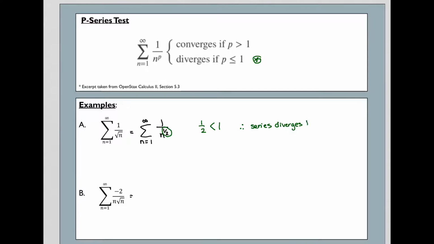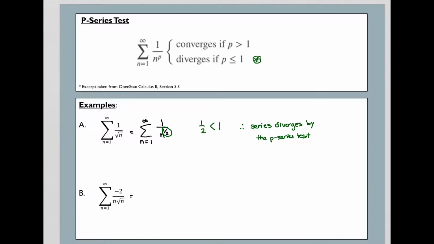It's that simple. The series diverges by the p-series test. This is extremely useful. Let's take a look at the second example.